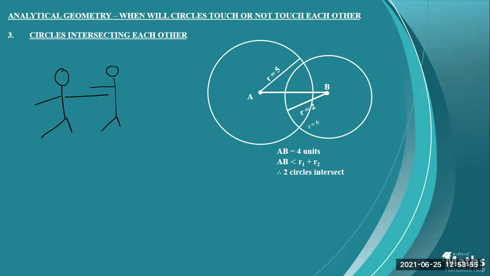Let's first look at the length of the arms. This guy has an arm length of 5 units. So I showed it there with my radius is 5 units. And the other person, person B, has an arm length of 2 units. So that means it's all in all going to be 7 units, the two arms, if we add them together.